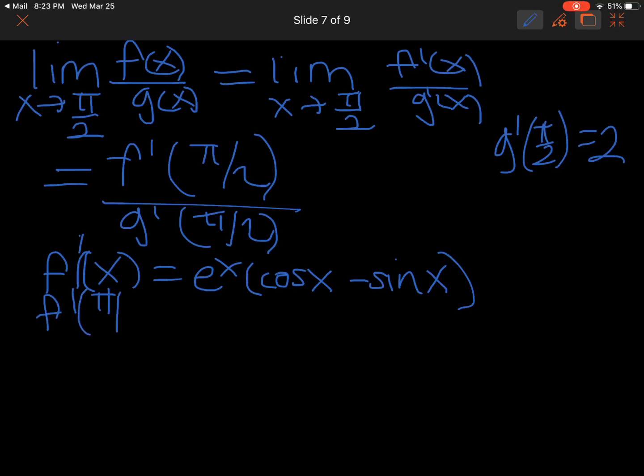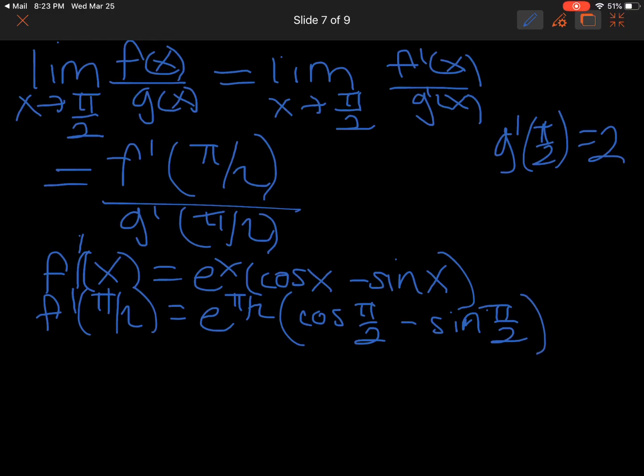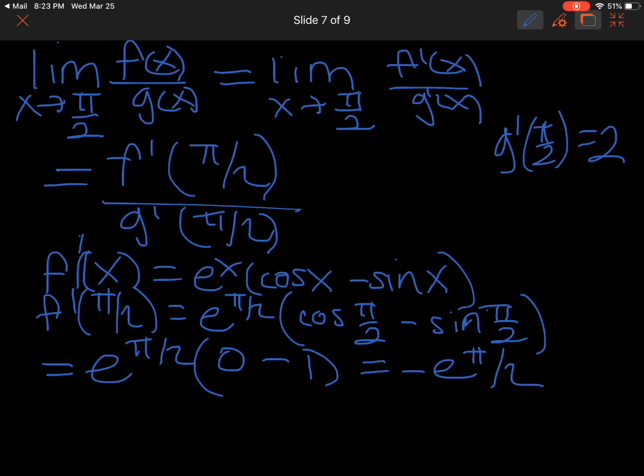So f prime of pi over 2 is equal to e to the pi over 2 power times cosine pi over 2 minus sine pi over 2. We know that cosine pi over 2 is 0, sine pi over 2 is 1. So that's going to give us e to the pi over 2 times 0 minus 1. It's going to give us negative e to the pi over 2.